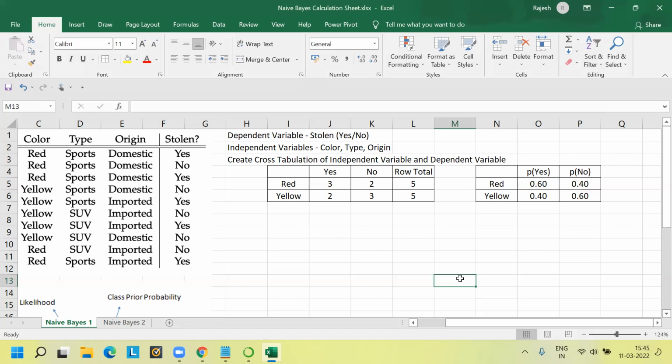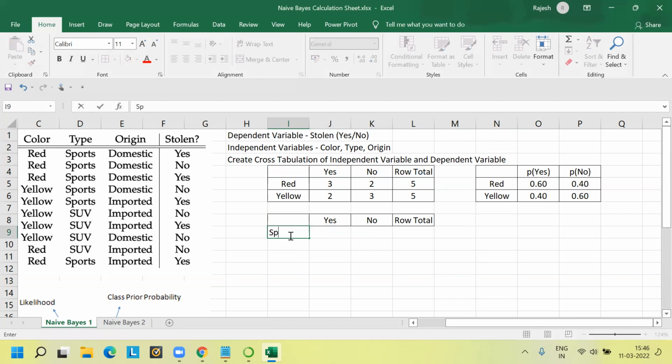So this is the same process the algorithm follows in Python or any software. The first step is creating cross tabulations with the dependent variable. So we'll copy the headers, give one row gap, and then this time what are the categories? Sports and SUV.